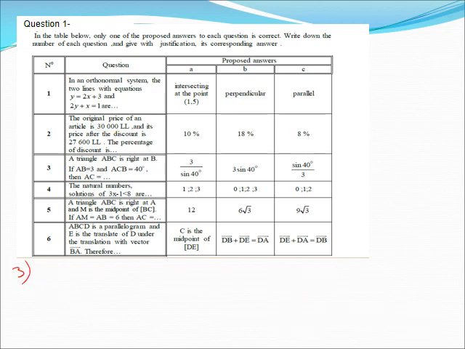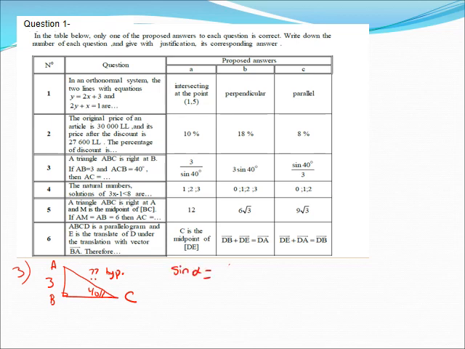3. ABC is a right triangle at B. AB equals 3, angle ACB equals 40 degrees. Find AC. AC is the hypotenuse and AB is the opposite side, so we use sine alpha.